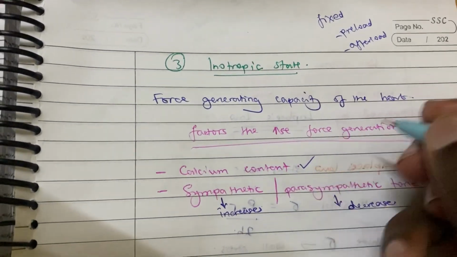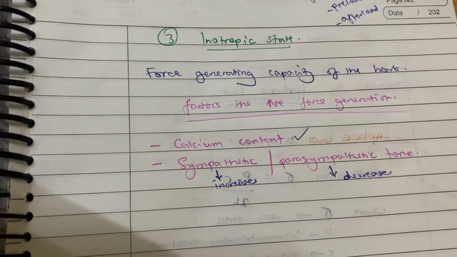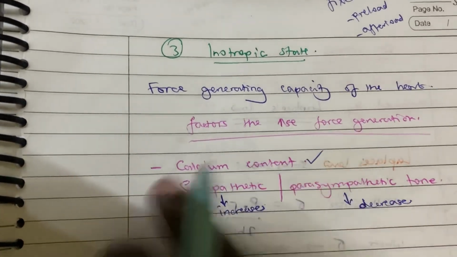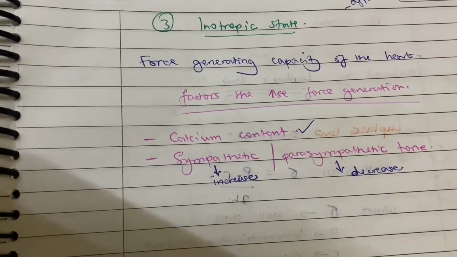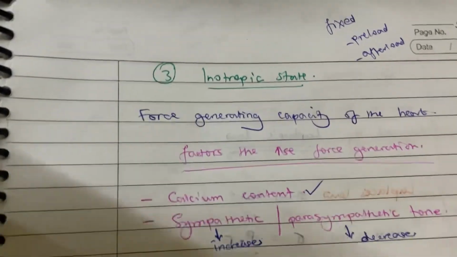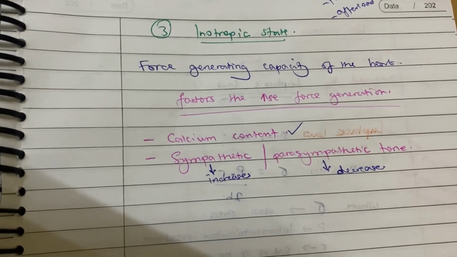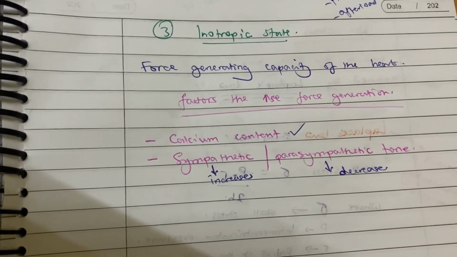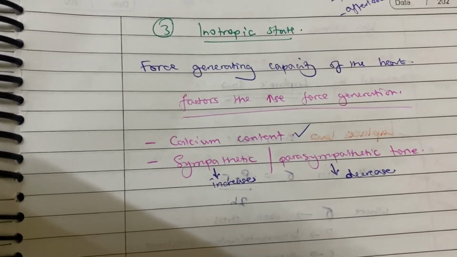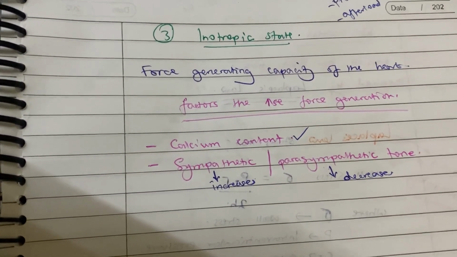This one, we finished it in physiology. Like the amount of calcium which is there, the higher the calcium, the more the force generated. We saw that one. Now for sympathetic, we are releasing adrenaline and noradrenaline. Adrenaline is a beta agonist.